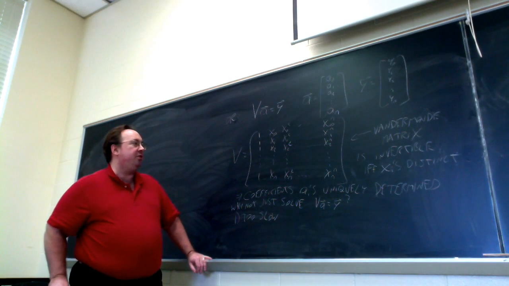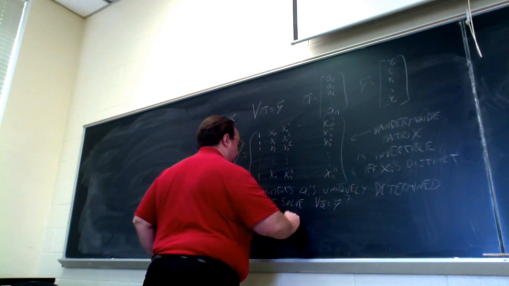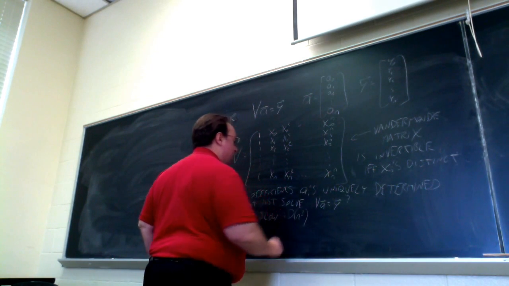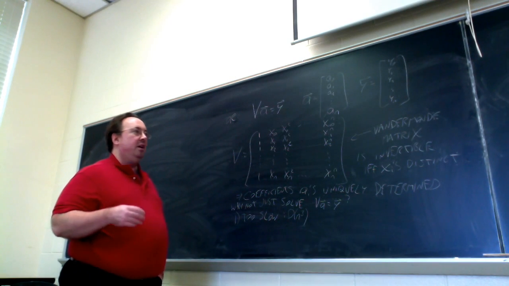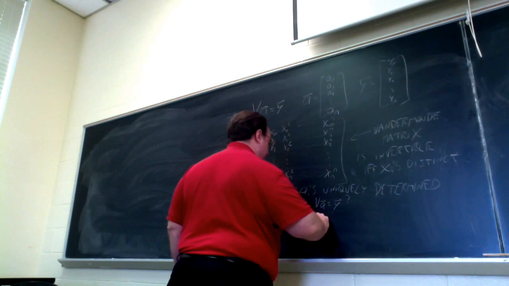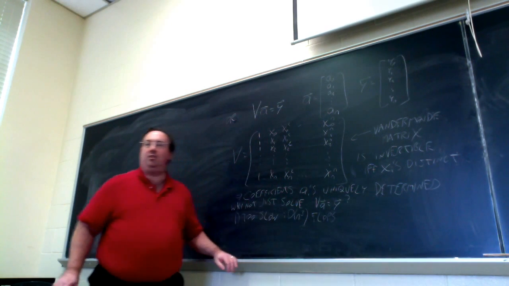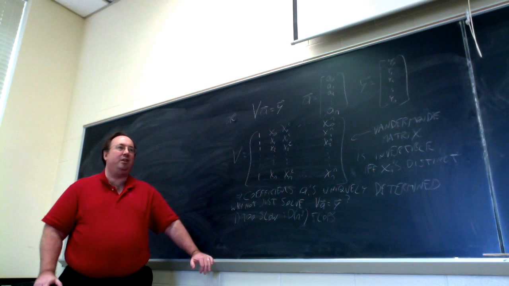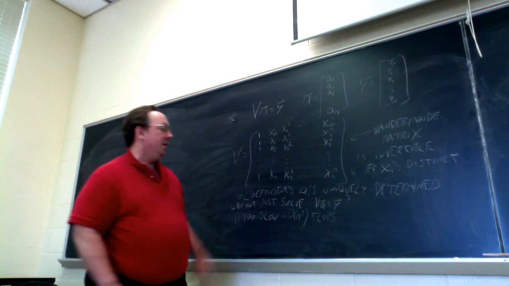If you were to solve this system by ordinary means, like using Gaussian elimination or whatever, it would take on the order of n cubed arithmetic operations, or flops, which is short for floating point operations.